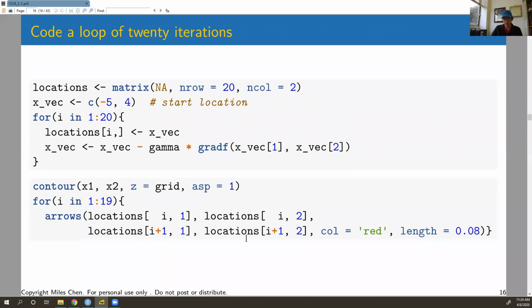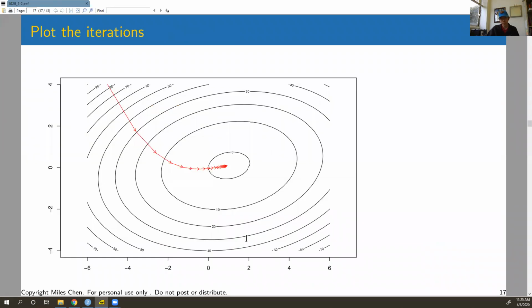When I plot this, this is what it looks like. I started off at -5, 4, and this was my first iteration, this is my next iteration, and here's my next, and so on. We can see that as we go down, the difference gets smaller and smaller. My gradients get smaller as I approach the local minimum.